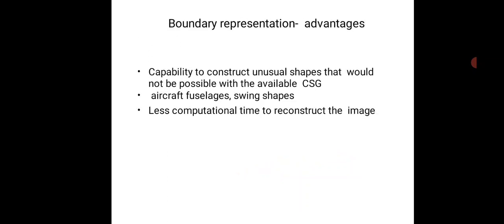Advantages of boundary representation: capability to construct unusual shapes that would not be possible with the available CSG, such as aircraft fuselages and wing shapes, and less computational time to reconstruct the image.